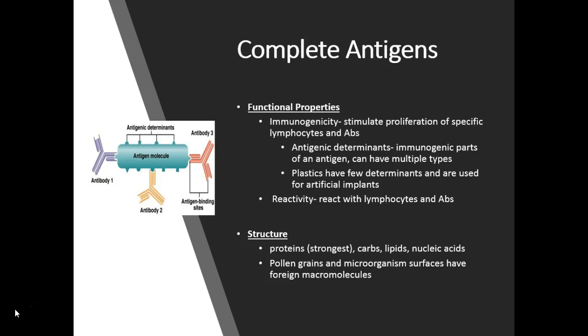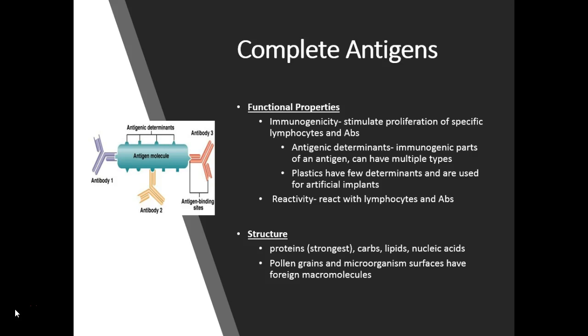Just certain parts of a large antigen usually act as the trigger for the immune response, and those small parts are called epitopes or antigenic determinants. So think of it as these are the parts of the antigen that determine what the immune response will be.